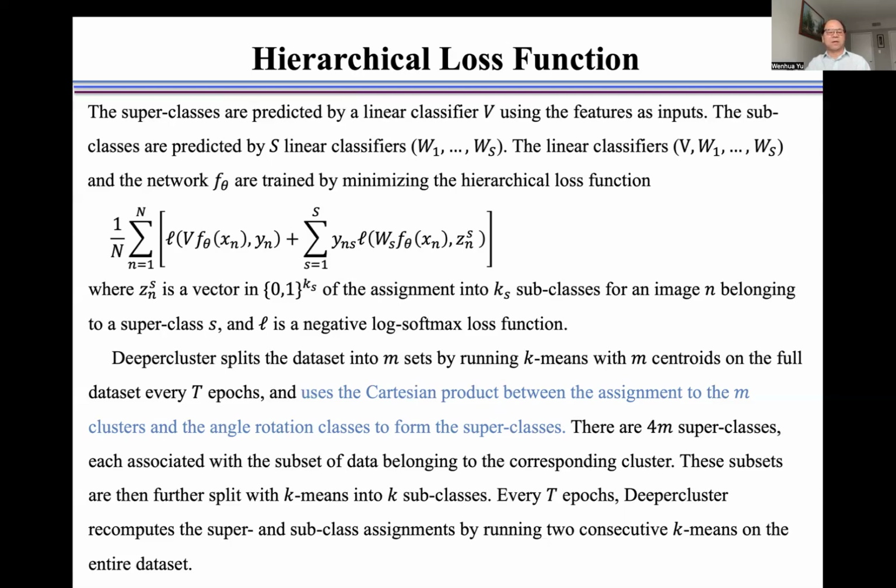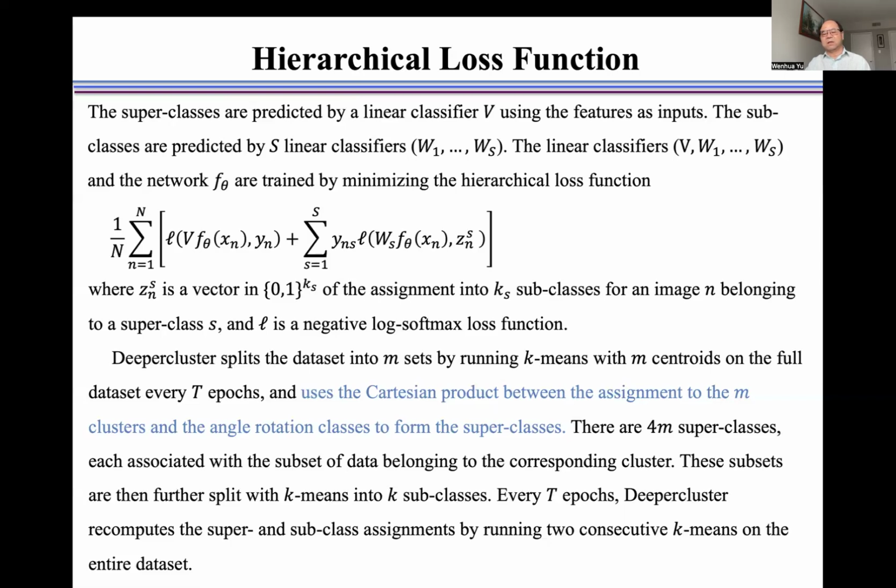Therefore, M superclasses each associated with a subset of data belongs to the corresponding cluster. These subsets are then further split with k-means into k subclasses.